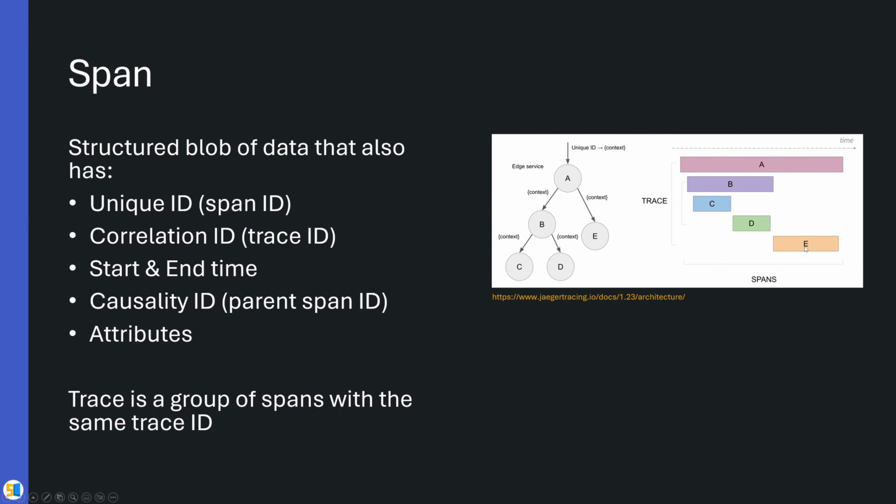And a span can have a parent span ID, which shows us the causality, right? So E happened after D, D happened after C, for example. And we use context to distribute the span. I'll show you about that a little bit more later.